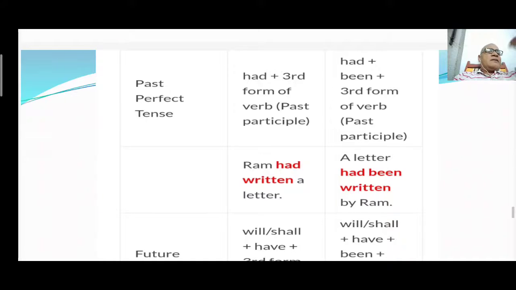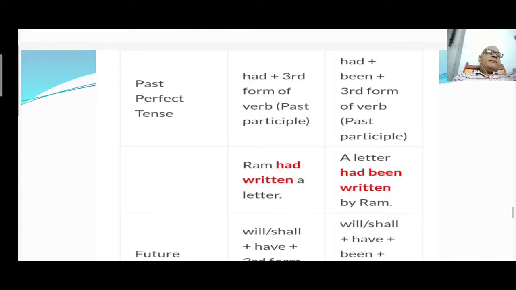When we change into passive voice: object plus had plus been plus verb 3 plus preposition plus subject. A good example: Rama had written a letter. Rama had written letters. A letter had been written by Rama. Letters had been written by Rama.